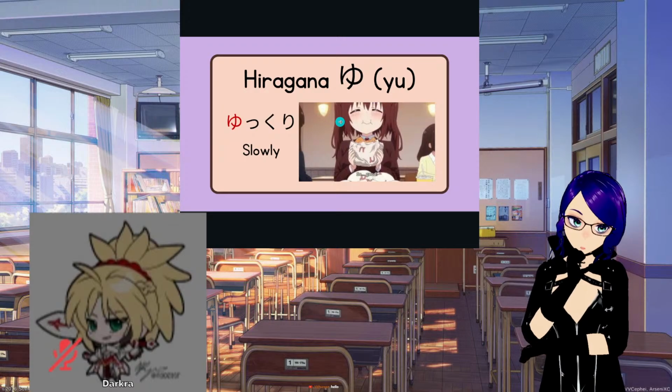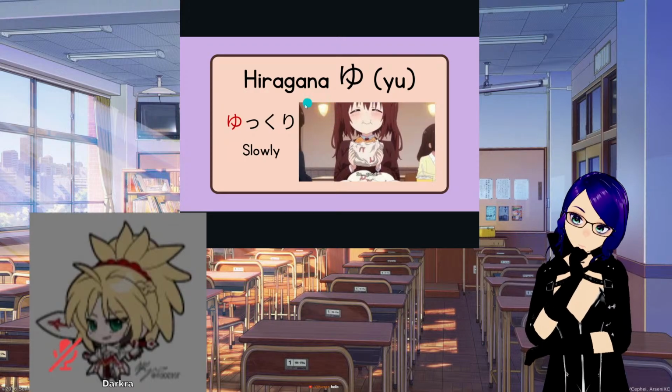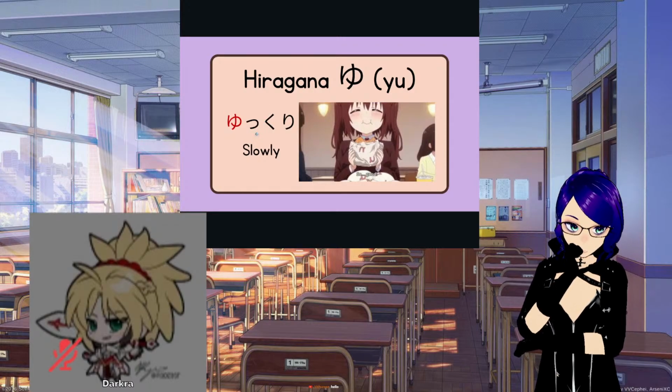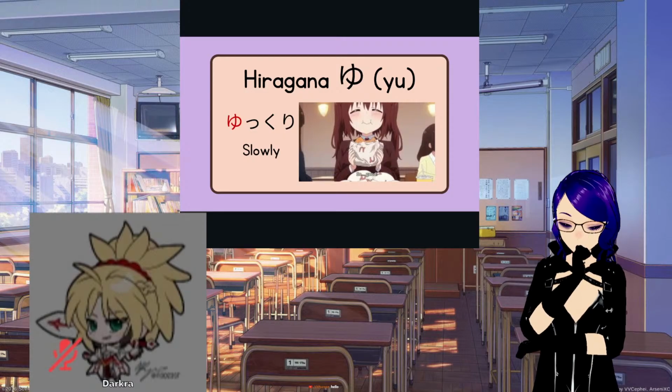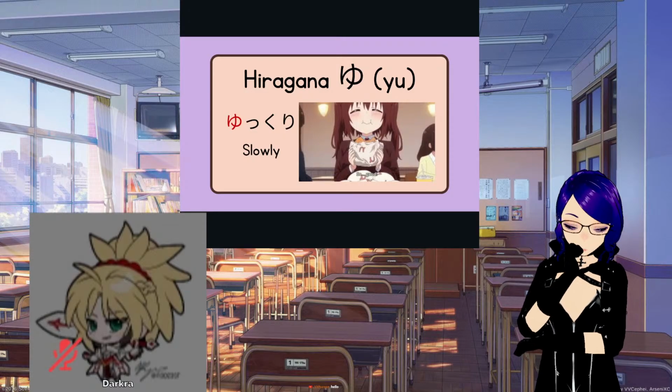However, you hear that the pronunciation is yukkuri and not yutsuri. The reason being, this one over here is a small tsu, which kind of means there's a small pause and the tsu is actually not read out. It's part of what I will probably cover soon in the Dakuten, Handakuten, and the combination characters.